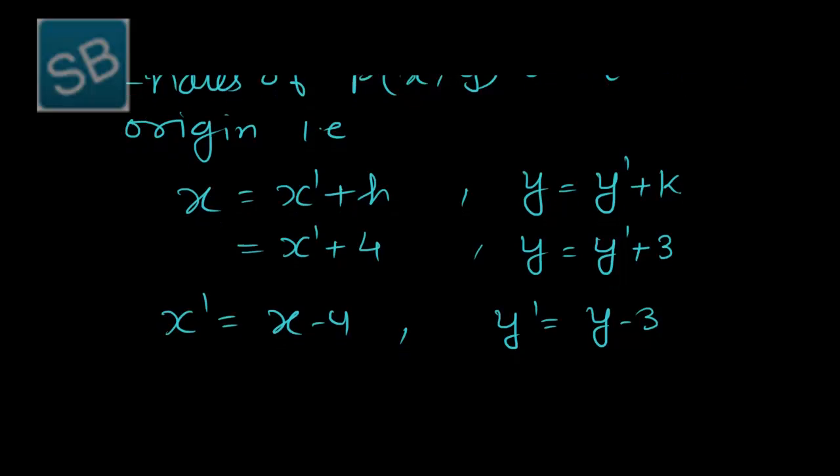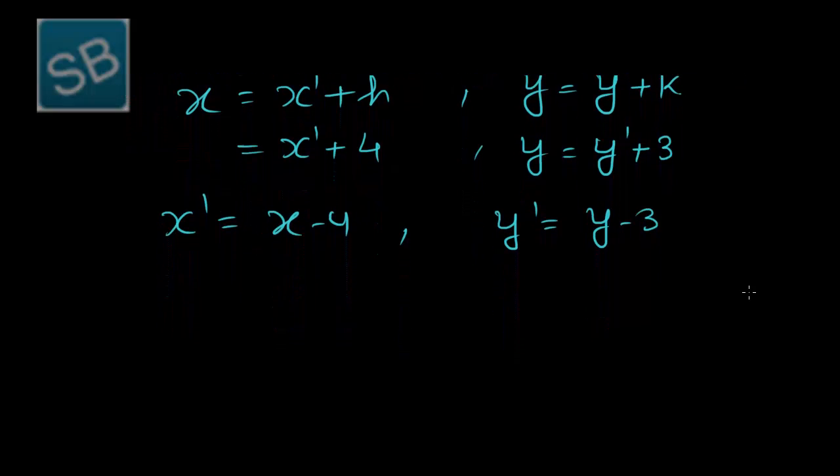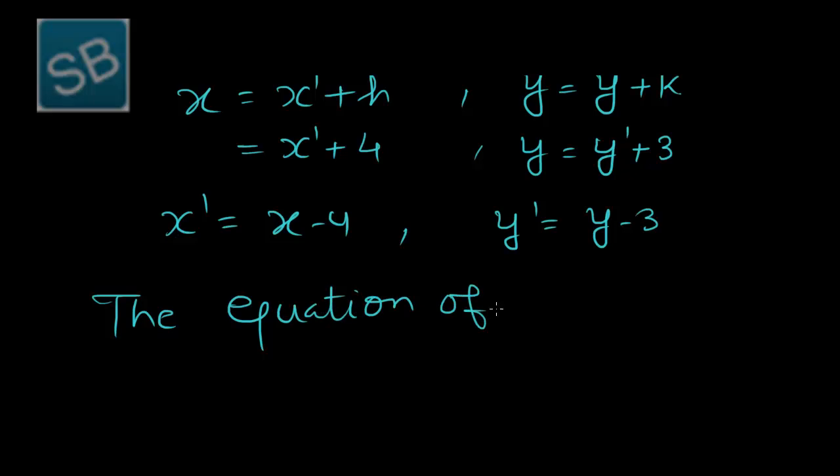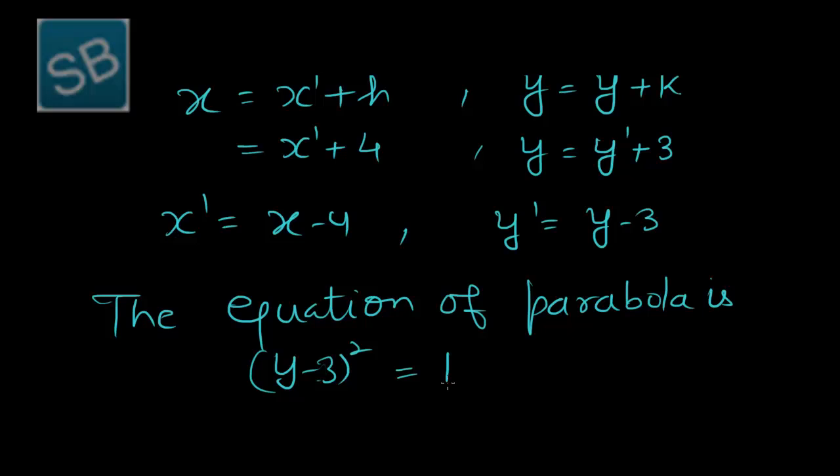And as we have, the equation of the parabola is (y minus 3) whole square is equal to 16 into (x minus 4).